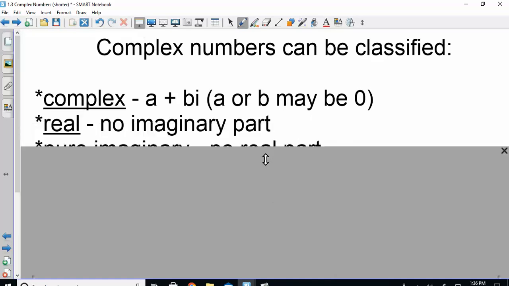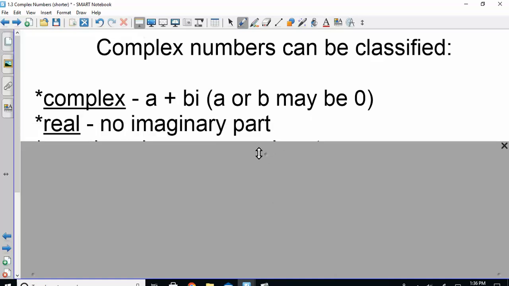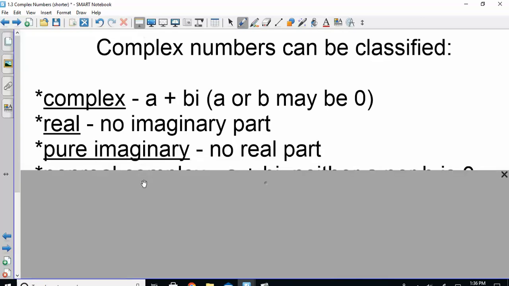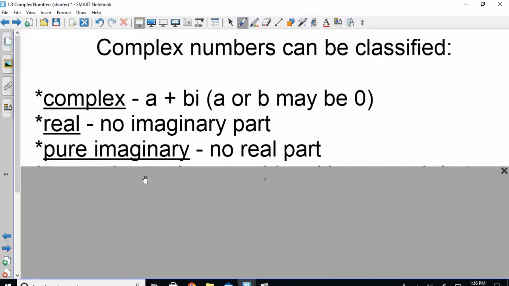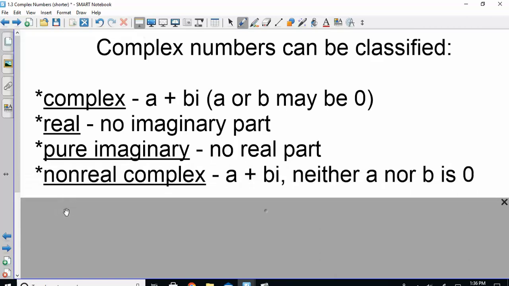We can also say if there's no imaginary part, so like 3, then it is a real number. Okay, if you don't have a real part, so if the a is 0, that would be a pure imaginary number. And if it has both parts, it's non-real complex.